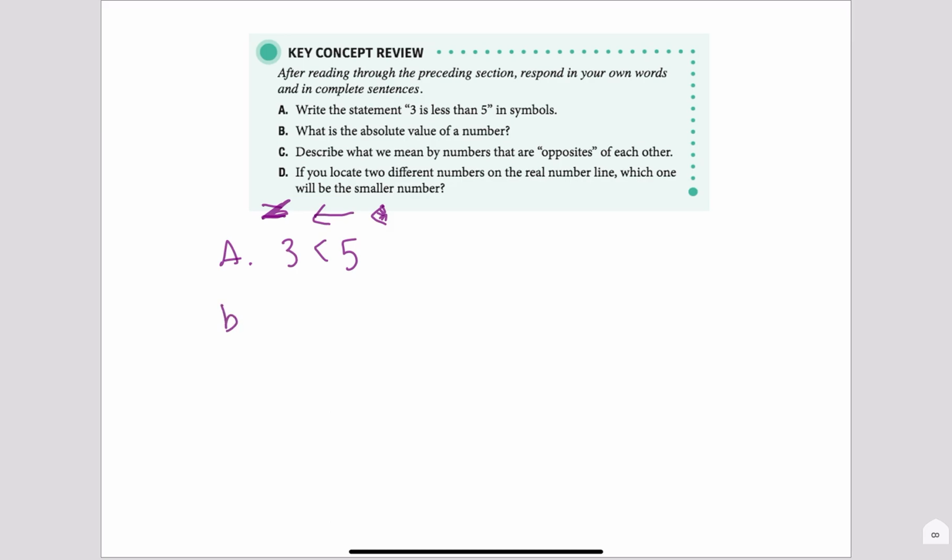All right, let's look at B. What is the absolute value of a number? The absolute value of a number, which we sometimes abbreviate ABS, is the distance from 0. So 0 is the center of our number line, the center of the integers.